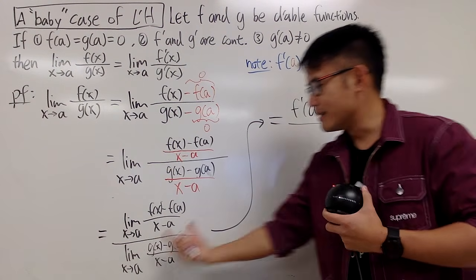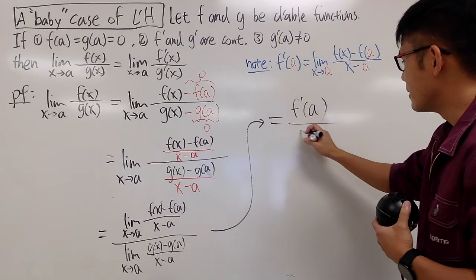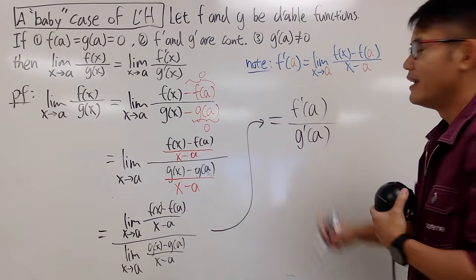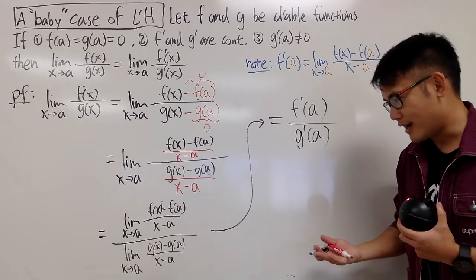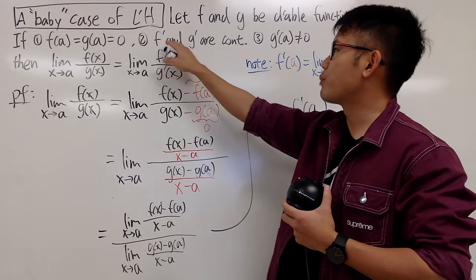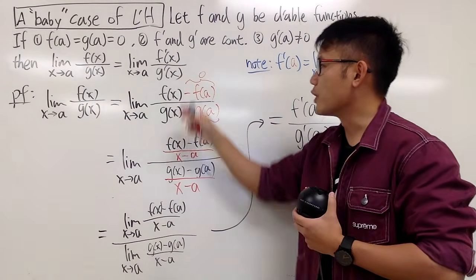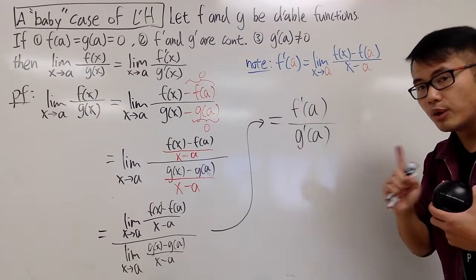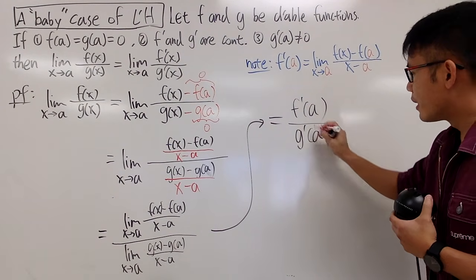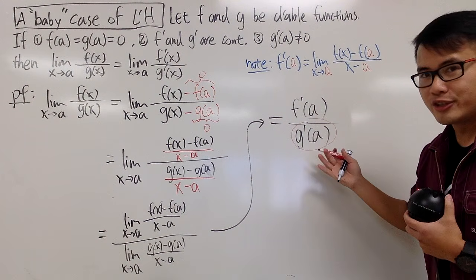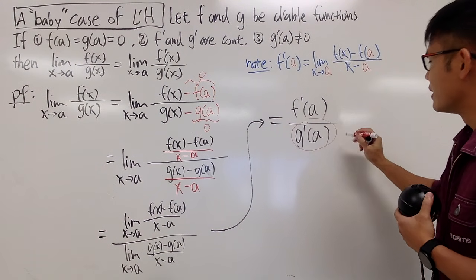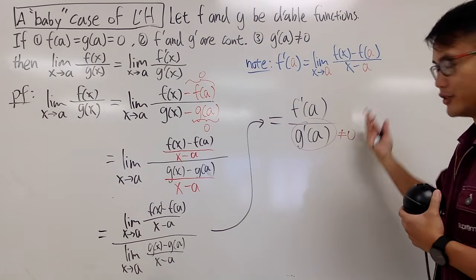Over the bottom, of course, it's exactly g prime of a. And technically, we are done, because we know f prime and g prime are continuous, so we can just plug in. Notice though, we know this is legitimate because we have the third assumption. So this is legit.